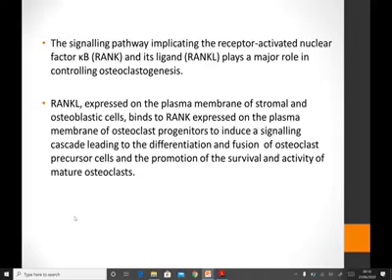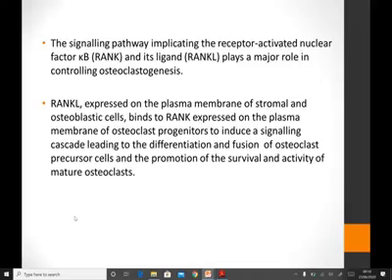The signaling pathway implicating the receptor activated nuclear factor kappa B, which is basically RANK, and its ligand plays a major role in the differentiation of an osteoclast, and the process of the differentiation of an osteoclast is called osteoclastogenesis.